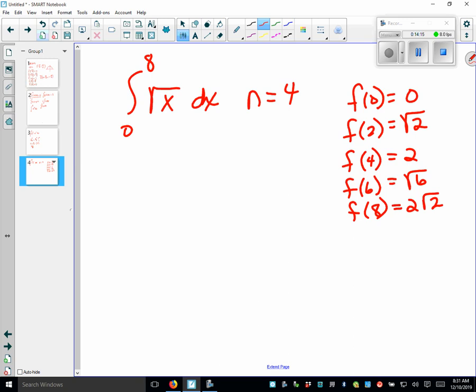All right, guys. What is the trapezoid rule? B minus A over N. Is that 2? Over 2, which is what? 1 times 0 plus 2 plus 4, yes, plus 2 radical 6 plus 2 radical 2, right?